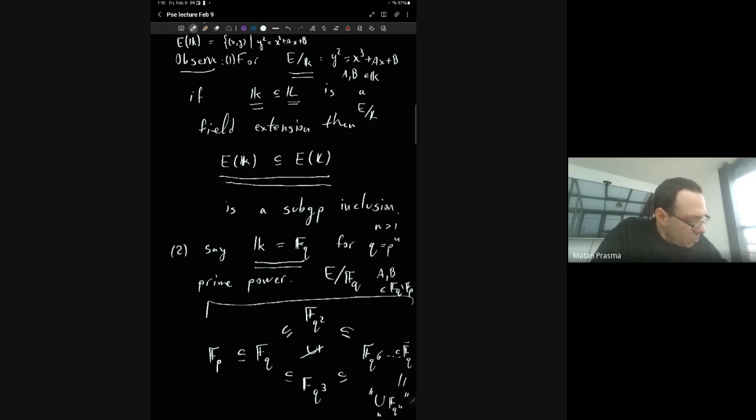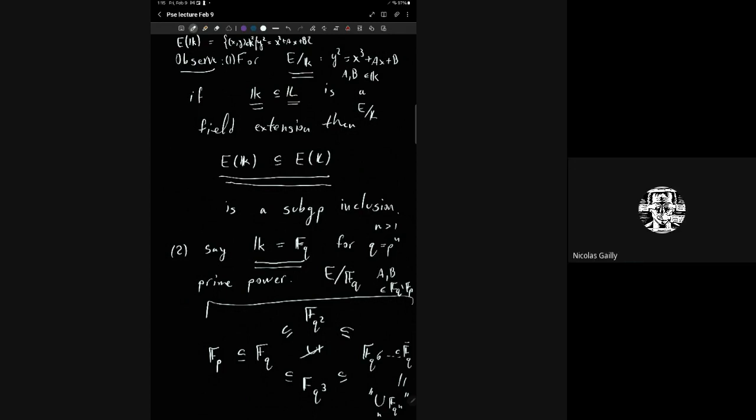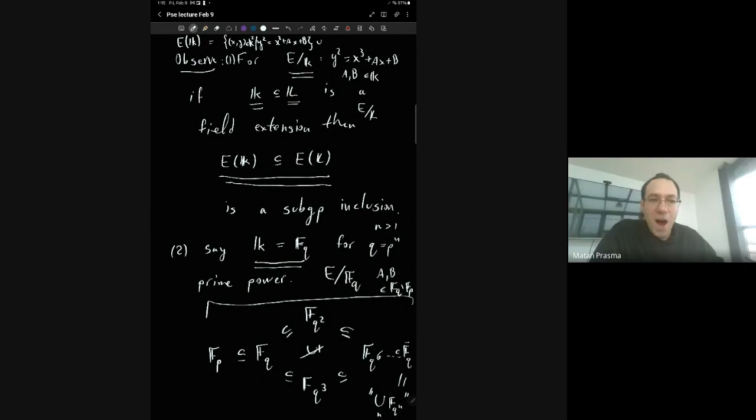X and y need to be in k, right? But what is the link with a rational function? Like, why are we calling them rational points? Let me just complete this, and we also have the point at infinity.